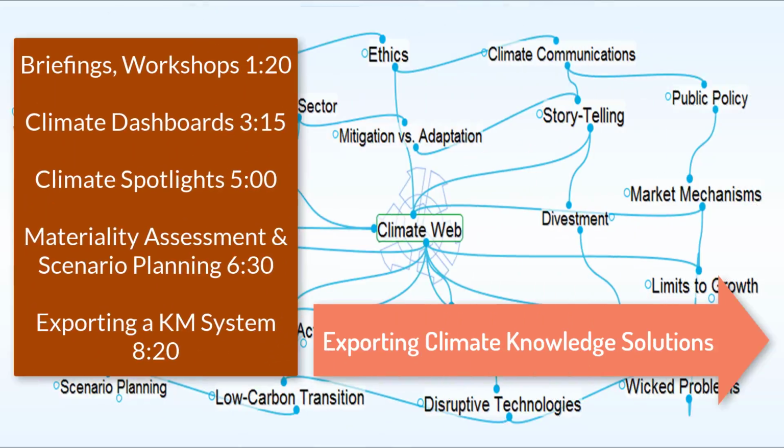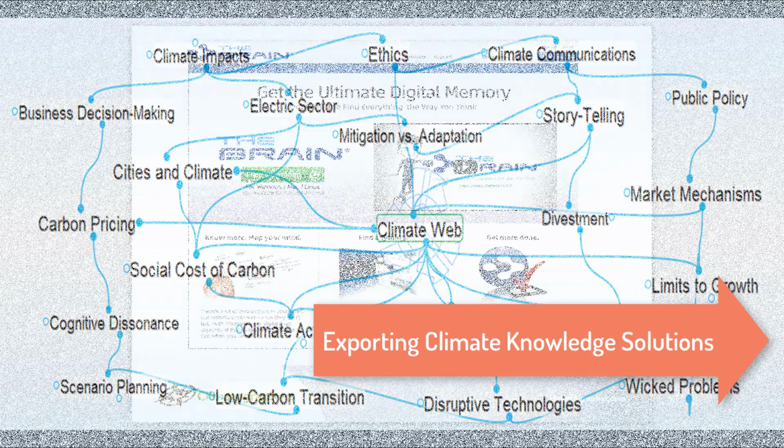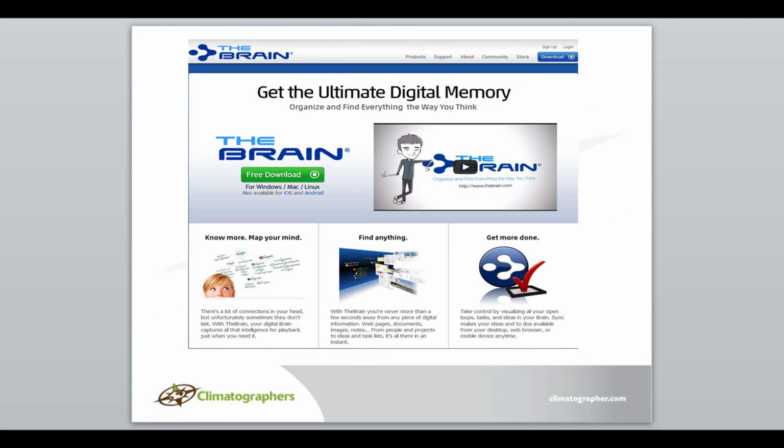The last example I'll give here is the idea of exporting climate knowledge solutions. Now, with the climate web, we've built a massive knowledge base. But perhaps you have a particular interest in investing in climate change or in some subset of the investing and climate change information, and you would like to get that information to seed and build your own knowledge system using the Brain software, which is a very powerful knowledge management software.